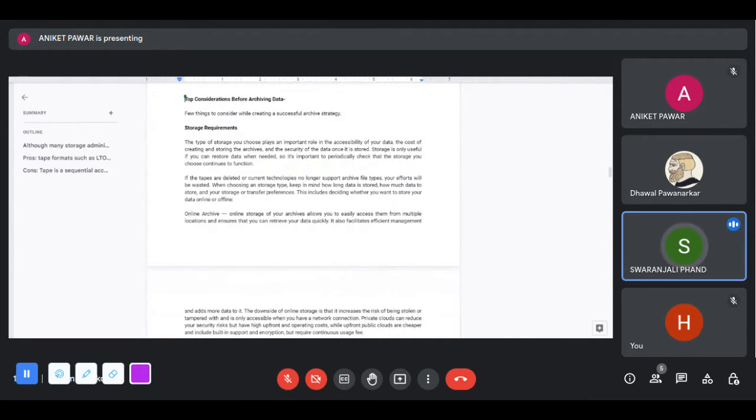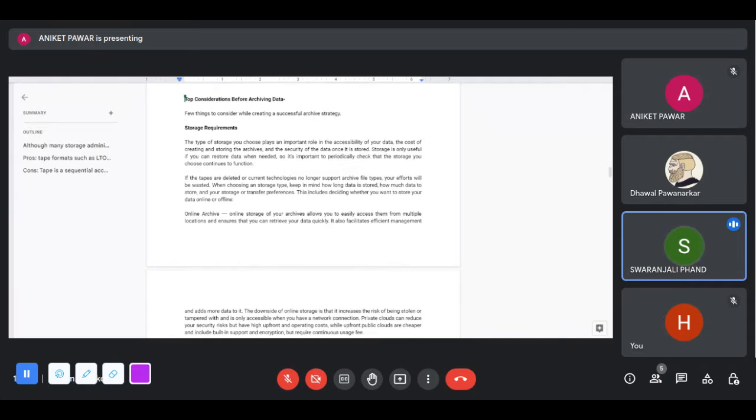Yeah, thank you. We need to consider a few things while creating a successful archive strategy, that is the storage requirement. Storage is useful if you can restore data when needed. While choosing storage type, we need to see how long the data is stored and your storage or transfer preferences.